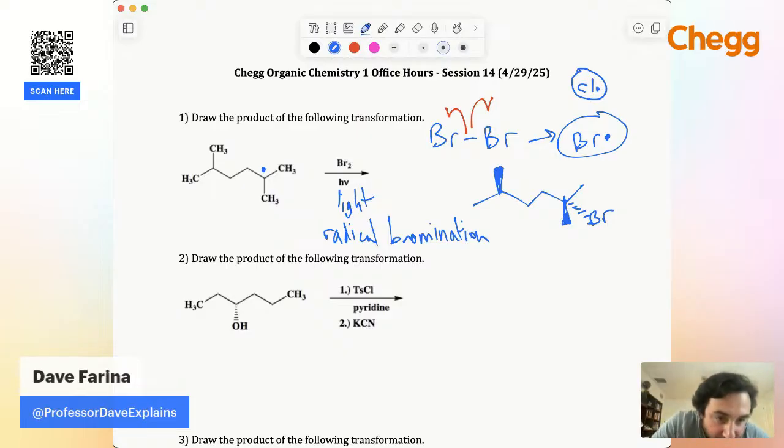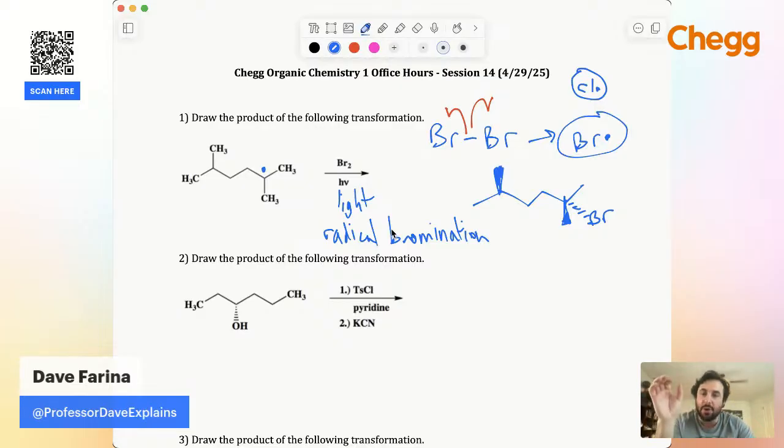And so Minecraft player asks, why does the bromine go on that one? Like I said, it has to do with the stability of the bromine radical over the chlorine radical. Because the bromine radical is so much more stable, this is going to be able to proceed by the lowest energy pathway, which means the lowest energy intermediate. The lowest energy intermediate is the most substituted alkyl radical intermediate. Alkyl radicals are more stable as they're more substituted. The methyl radical is very unstable, and then better is the primary alkyl radical, and then secondary, and then tertiary.